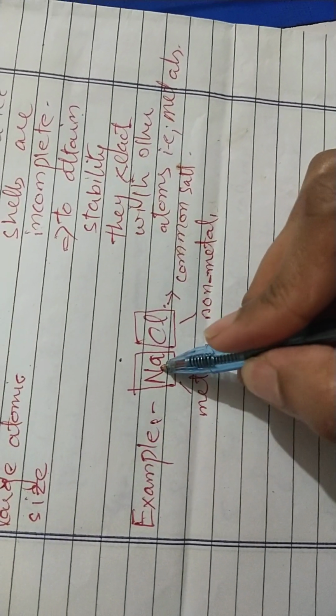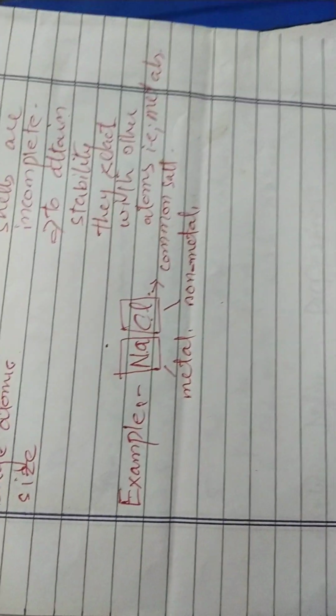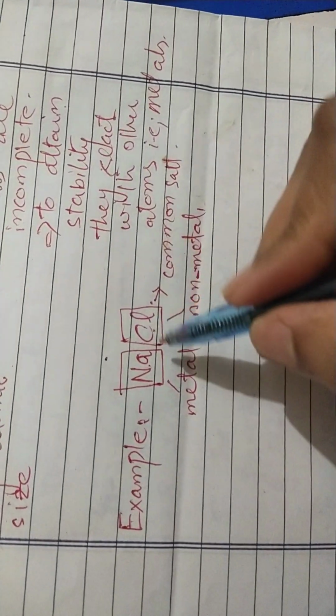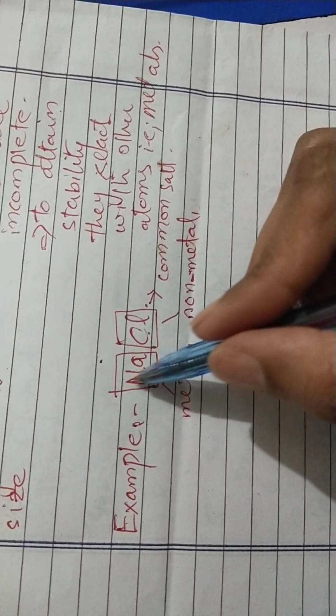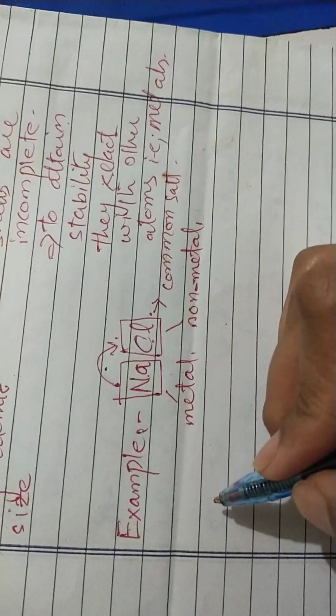When sodium loses its electron, it will be accepted by the chlorine atom, and an ionic bond is formed between them by the complete transfer of an electron from sodium to chlorine.